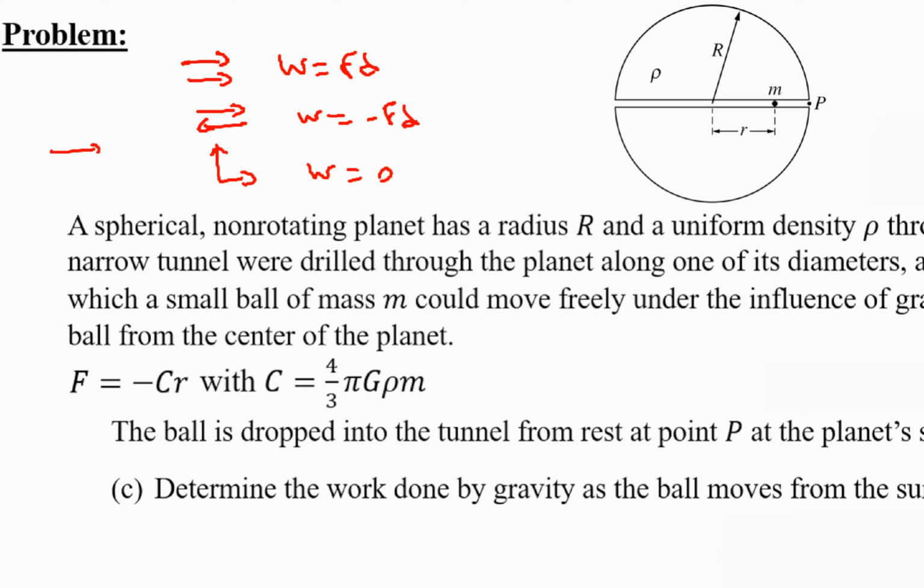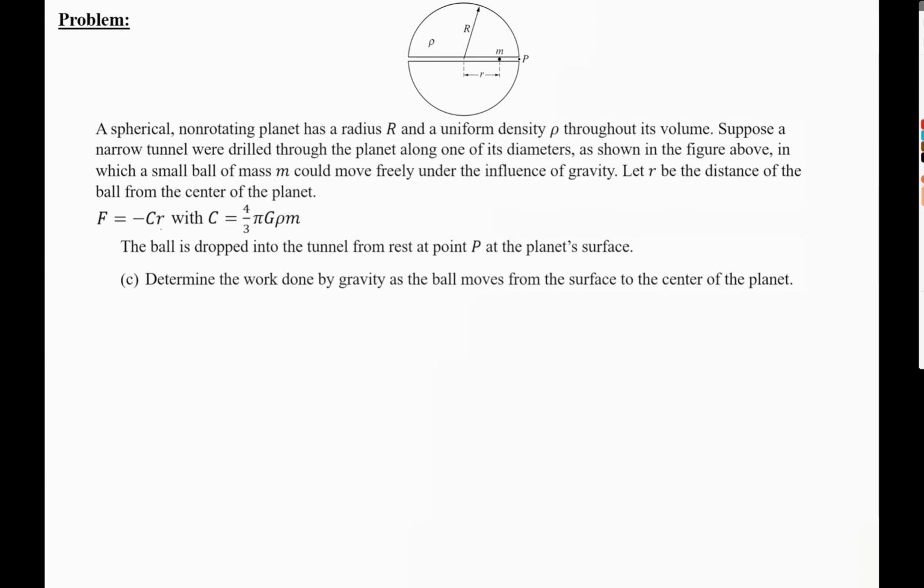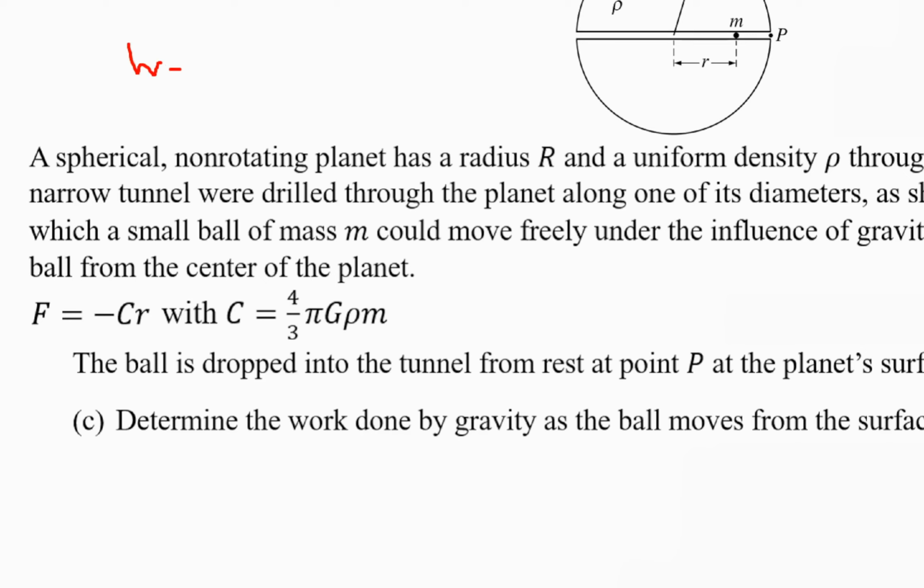If they are angled, it's given by plus or minus Fd cosine theta. All of these apply if the force is constant. However, if the force is not constant, we need to define the work done as a line integral of F dot dx from initial position to final position. And remember that the order of the boundaries is very important.